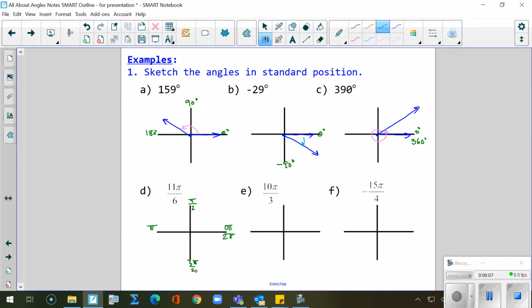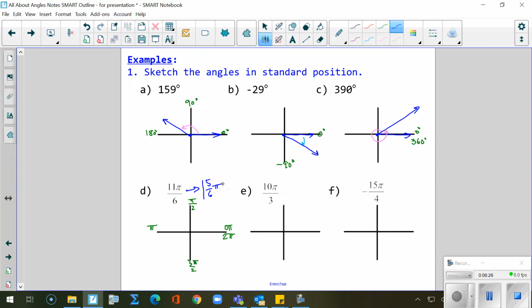1.83 repeating, or 1 5/6. So I'm going to think of this angle as 1 5/6 pi. We don't typically want to write it like this.